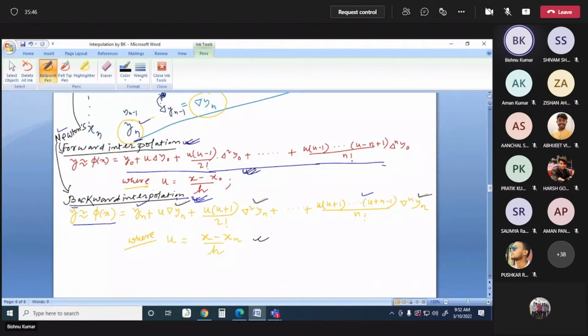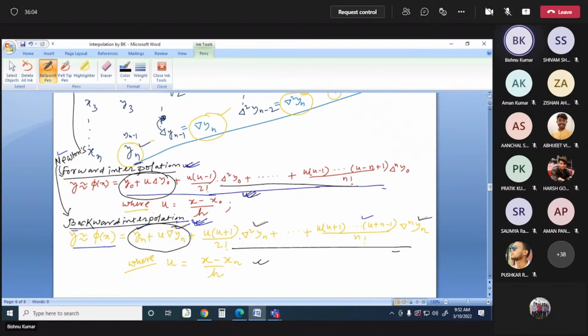The second difference is 0, so after that the term is 0 here. After that the term here is also 0. Simply I can use only up to these 2 terms. So it will produce a straight line only or nothing else, if the points are in linear position.